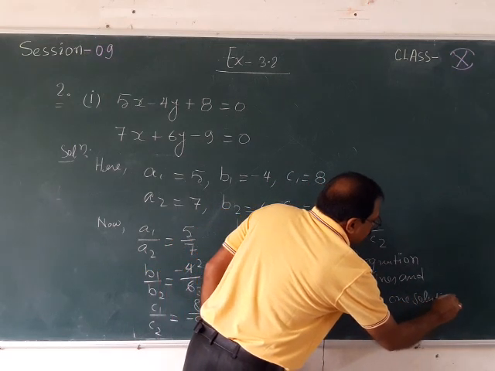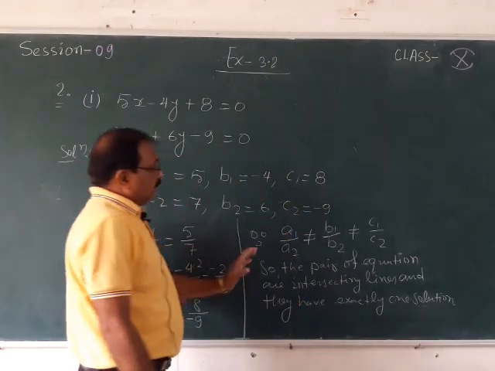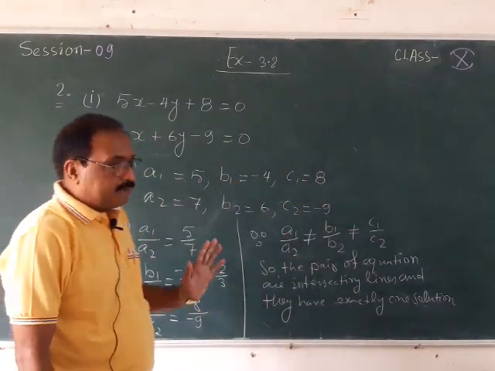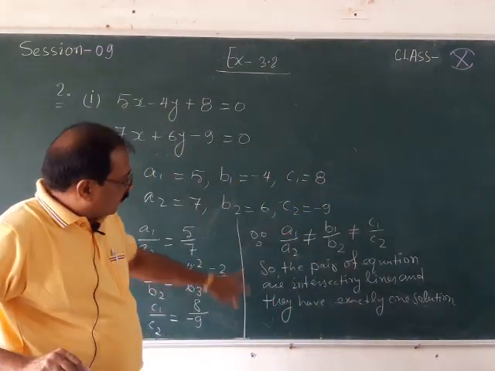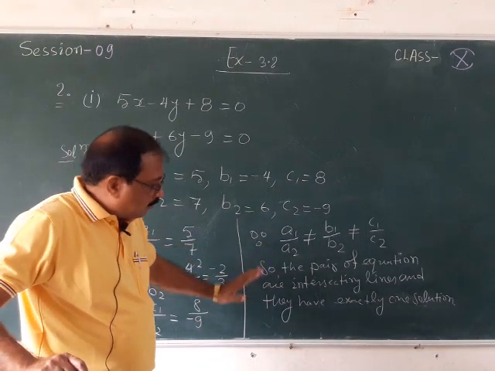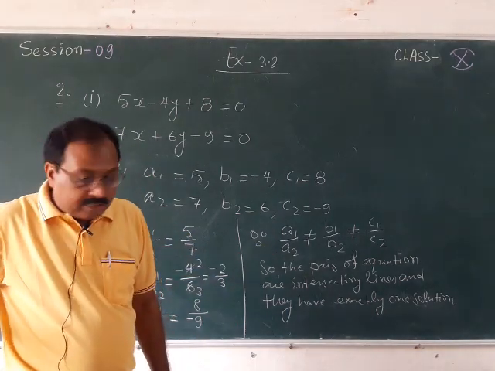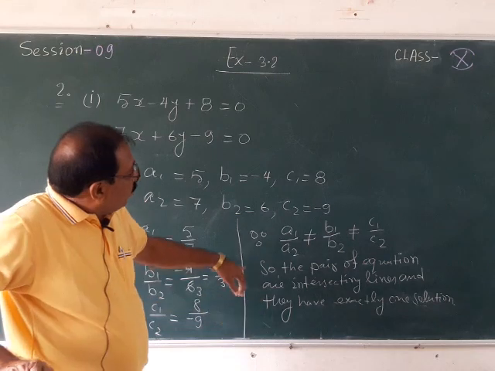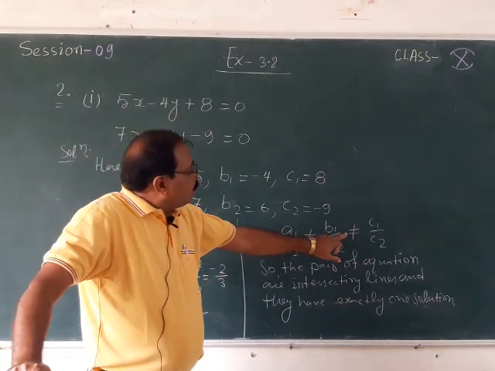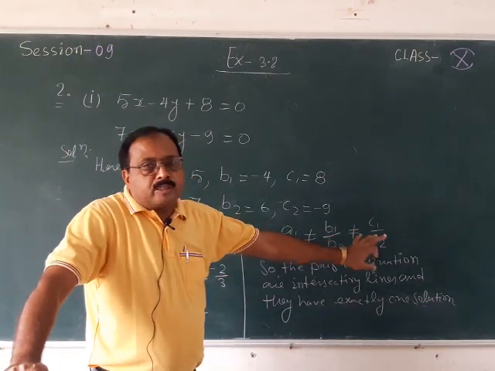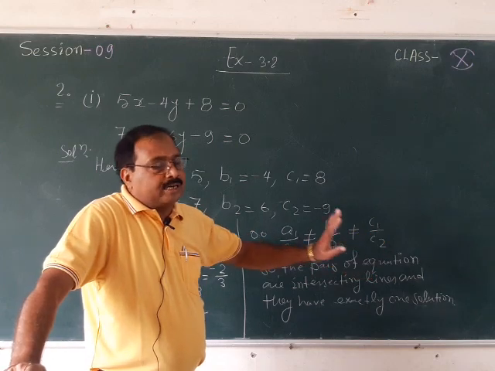So you have to keep in your mind the condition I stated in my previous class; according to that condition I am working. One more thing: whether or not this part does not equal C1 by C2, you can write it or not, there is no problem.